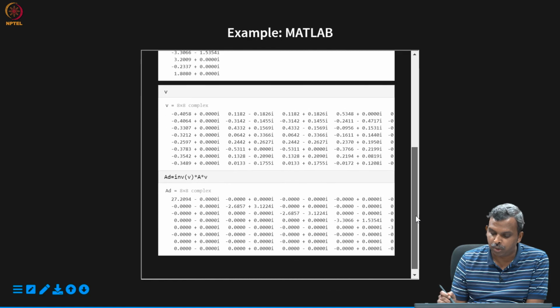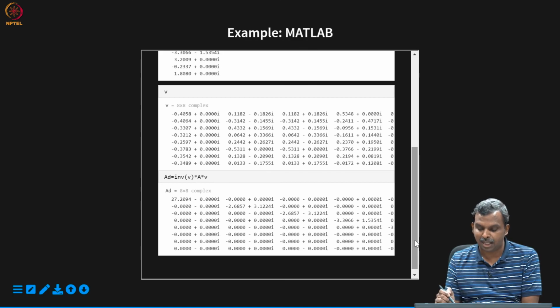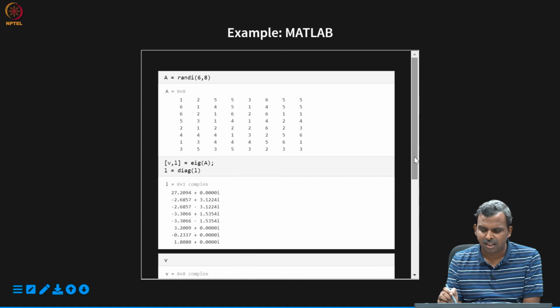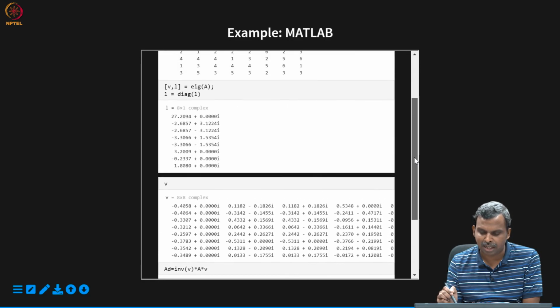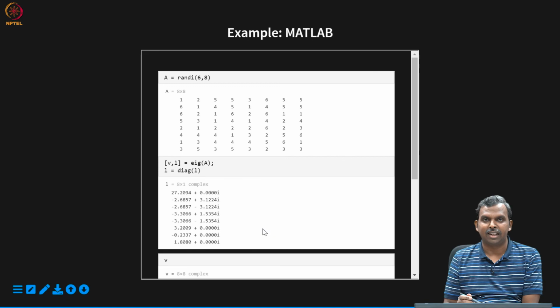And if I do V inverse AV, I get a diagonal matrix with the eigenvalues on the diagonal. So this is MATLAB for you. I have not been able to share it quite so nicely. You can look at the commands here from the slides, and then try it in MATLAB also if you like. This is just a simple few lines, so it's not worth sharing in great detail anyway.